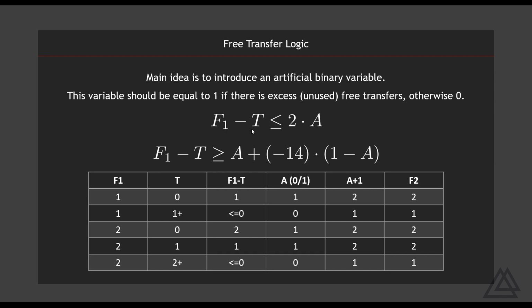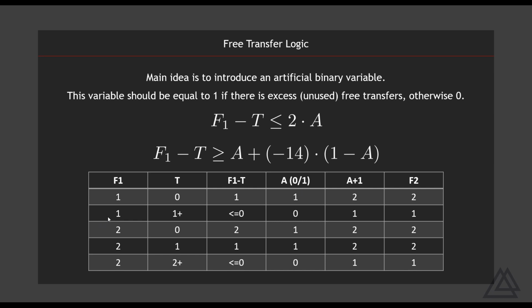And this constraint turns into 1 less than or equal to 2 times A. And I know that A can either be 0 or 1. In this case, A cannot take value 0. It is forced to be 1.